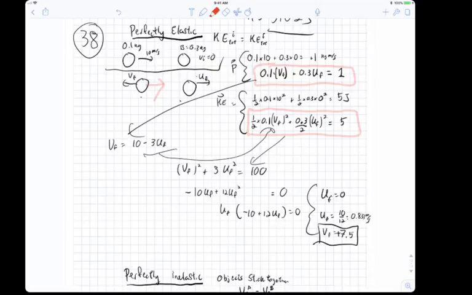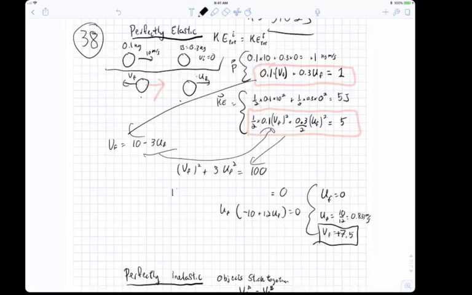1/2 0.1 V squared plus 1/2 0.3 UF squared is equal to 5. Multiply that by 2, so that's 10. Multiply it by 2 again, 10 again, it's 100. Replace that with that.